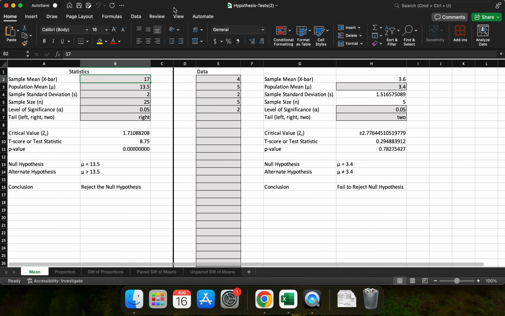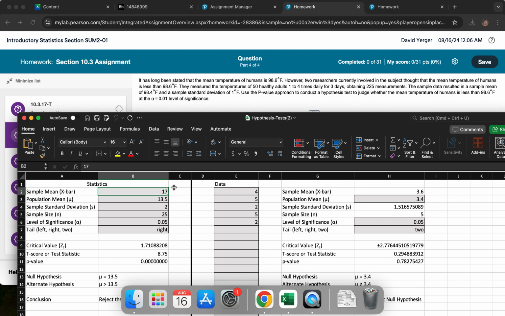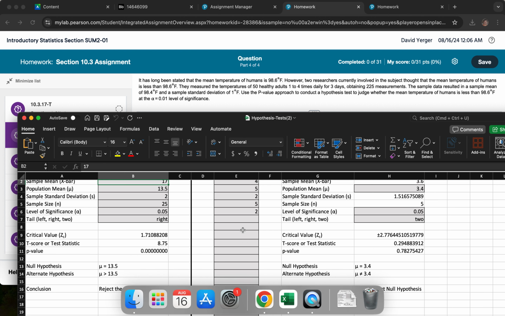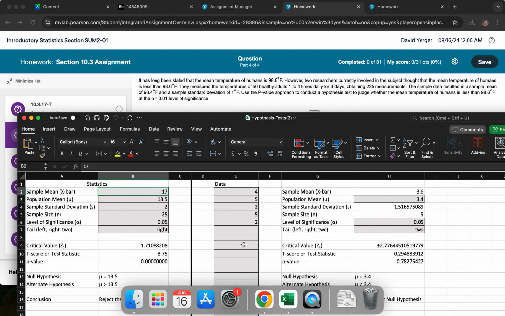So here we have just one sample and we're looking at an average. So we're using this first sheet here. Now we have to fill in this side here. They're not giving us any data points. They're not listing out the 225 measurements. So we have to put in the information given, the statistics, over here.